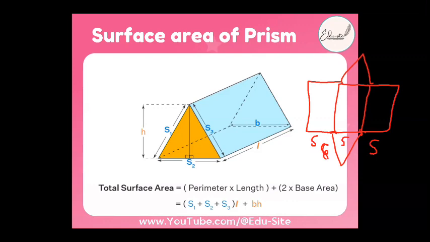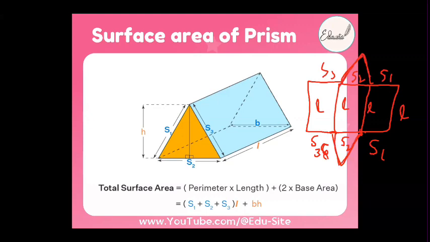Side 1, side 2, side 3. So this is length, length, length. And these are the 2 triangles.